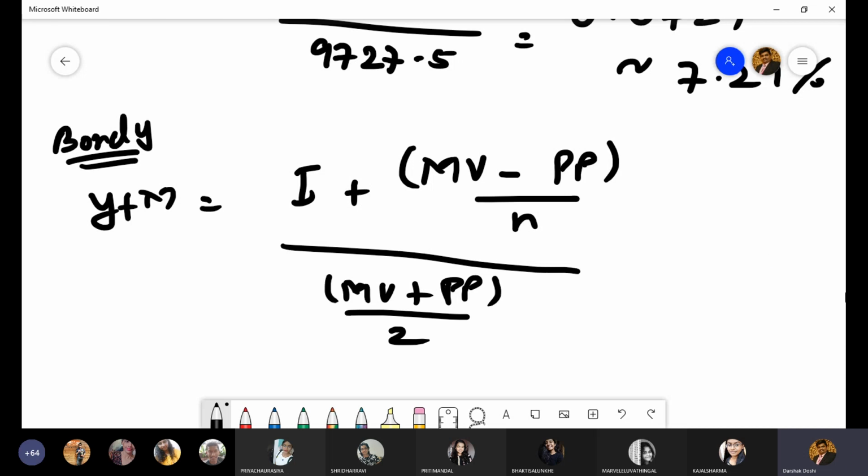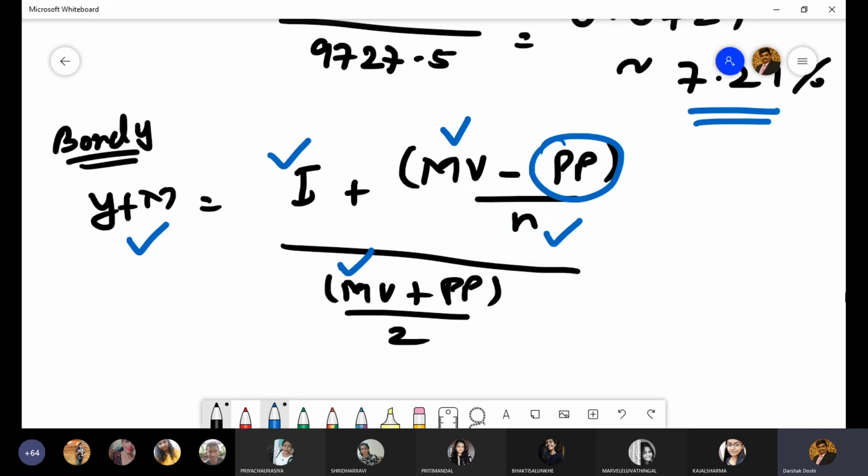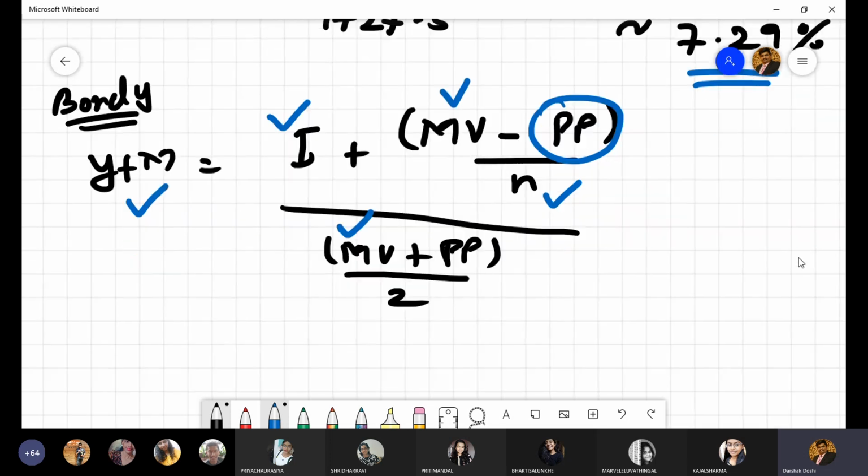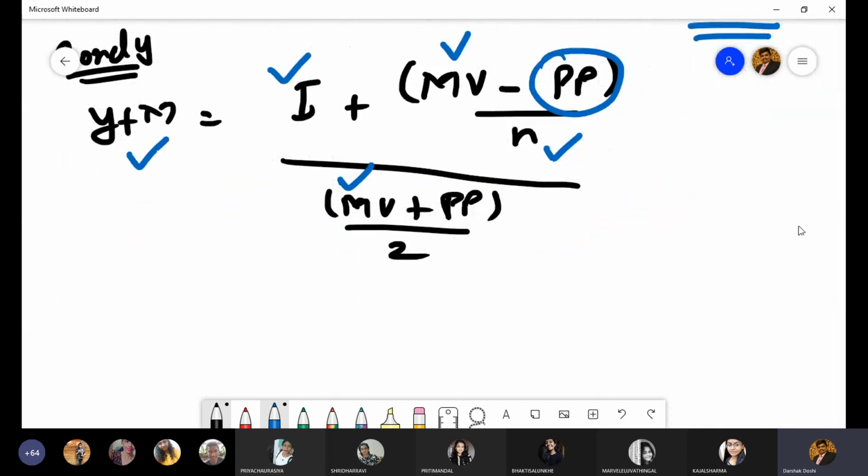Now in this formula, we have YTM because YTM of bond X and bond Y is same, and bond X has YTM of 7.29%. We have coupon rate, so we have interest. We have maturity value because it is maturing at par. We have period 5 years. It is just that we don't have purchase price, and that is the only thing missing in the whole formula, which we can easily find out.